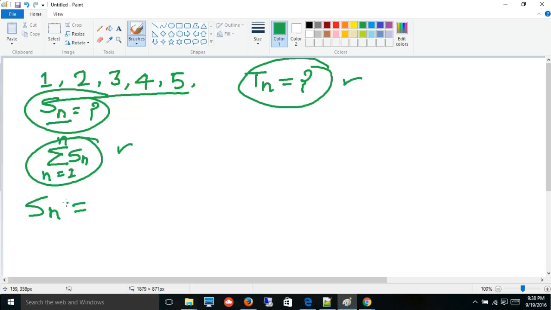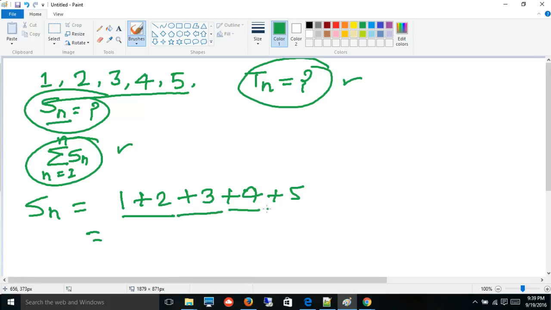So Sn is nothing but 1 plus 2 plus 3 plus 4 plus 5. It is very easy. We can just calculate 1 plus 2 is 3, 3 plus 3 is 6, 6 plus 4 is 10, and 10 plus 5 is 15. So now we got the answer: Sn equals 15.